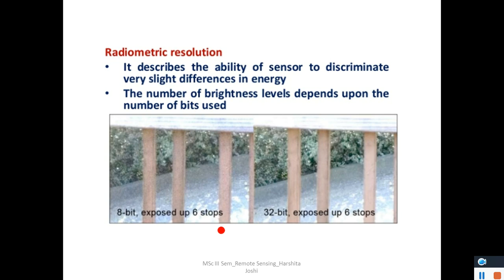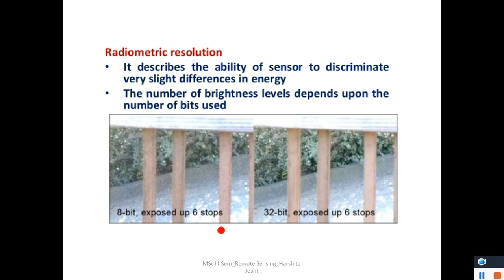Okay, coming to the radiometric resolution. Now this radio word describes the amount of energy which is detected. Say during the afternoon, around 12 noon, the amount of energy which will be detected will be much more than what is detected during the dusk or dawn.